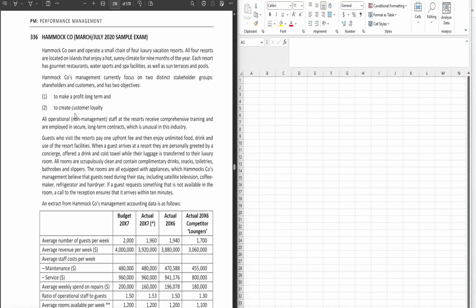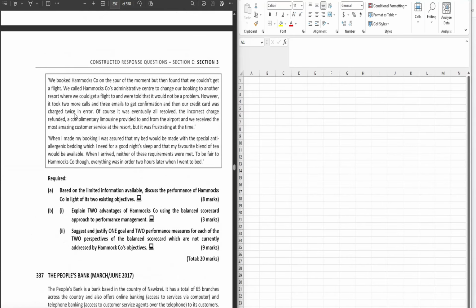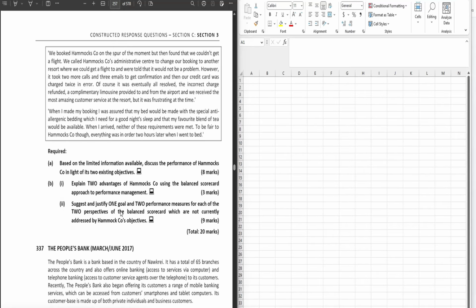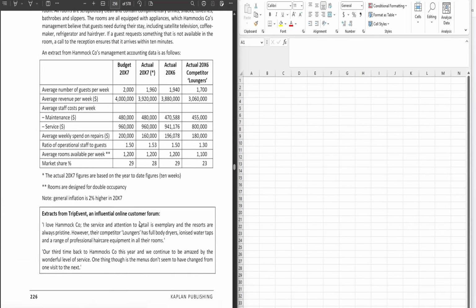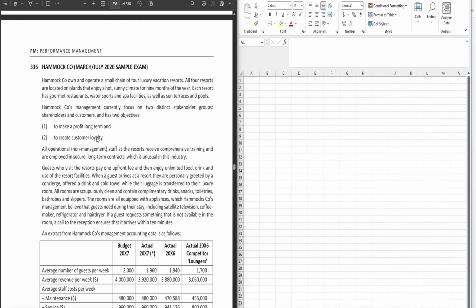If you have read part 2 and its sub-requirement 2-1, the question says to discuss two performance measures for each of the two perspectives of the balance scorecard which are not currently addressed by Hammock Company's objectives. So if you look at the objectives the question has given, to make profit long term and to create customer loyalty, and if we remember the 4 perspectives of the balance scorecard, these two objectives are only addressing 2 perspectives out of 4.